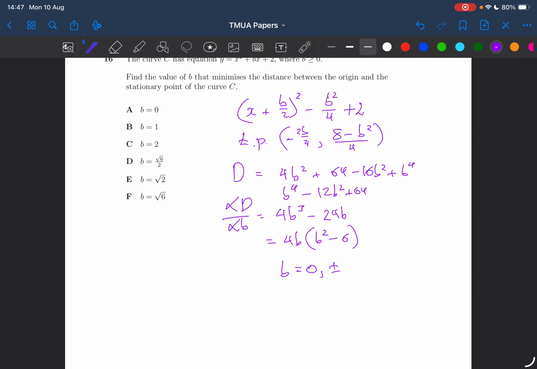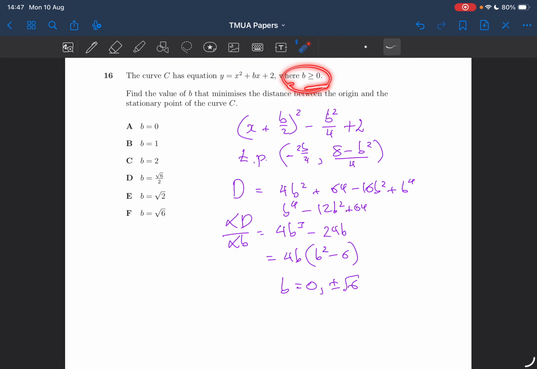Plus or minus root 6, I suppose. I think the question does say, yeah, b's got to be positive. Could be 0. So we should really go through and check which one's going to be the smallest in that case. We could, however, just differentiate again. So if we look at d2b, db squared, we get 12b squared minus 24.